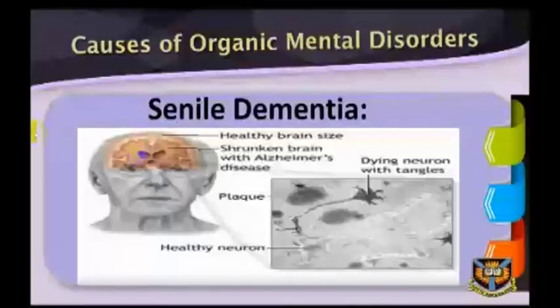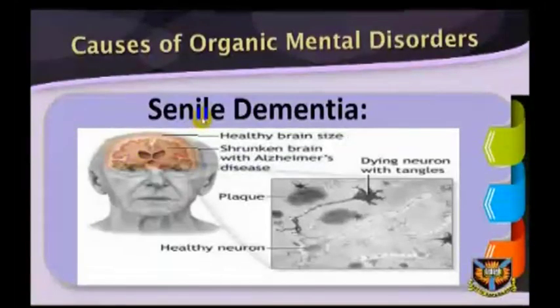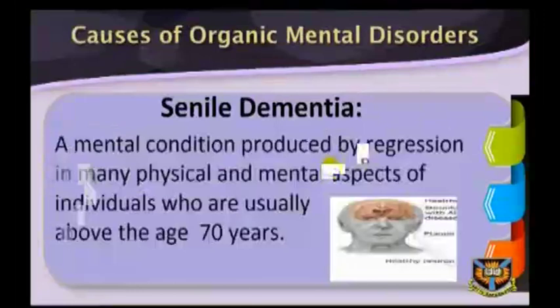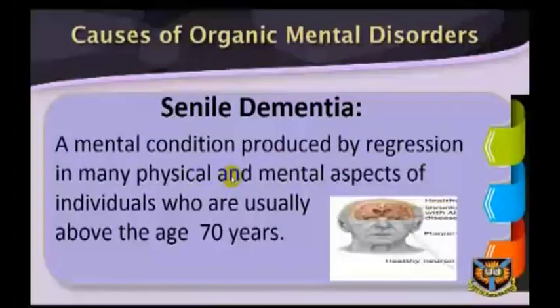Senile dementia. Another organic condition associated with psychosis is senile dementia. This is a mental condition produced by regression in many physical and mental aspects of individuals who are usually above the age of 70 years.